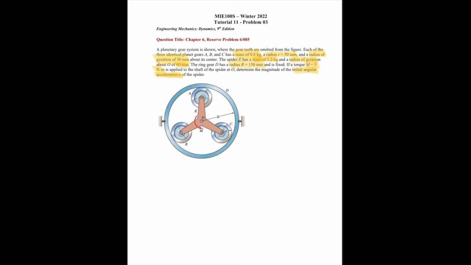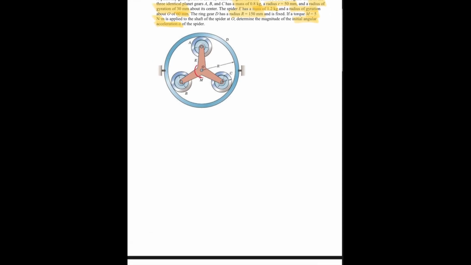Okay, so there are a lot of variables here that we need to consider. First of all, we're going to write down our variables. We've got m_g, the mass of the planetary gears, equal to 0.8 kilograms. We have a radius of 50 millimeters, or 0.05 meters. We also have a radius of gyration of 30 millimeters, or 0.03 meters.